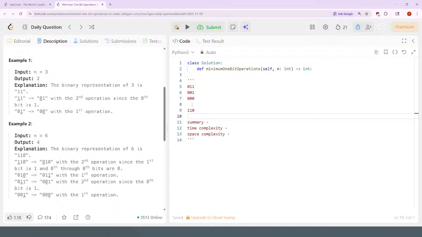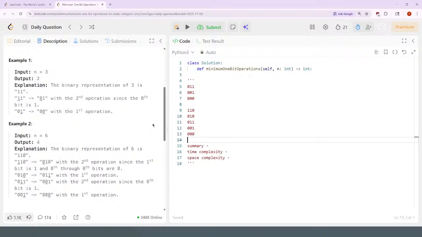So you need to make the rightmost one, and then you can make the middle one 0, and then you can make the rightmost, no, you make the leftmost one into a 0 in the second operation, and then you'd make the rightmost into 1 with the first operation, second operation, first operation.